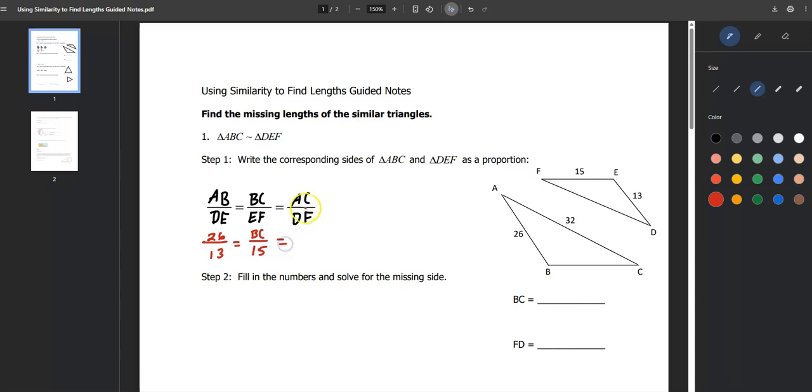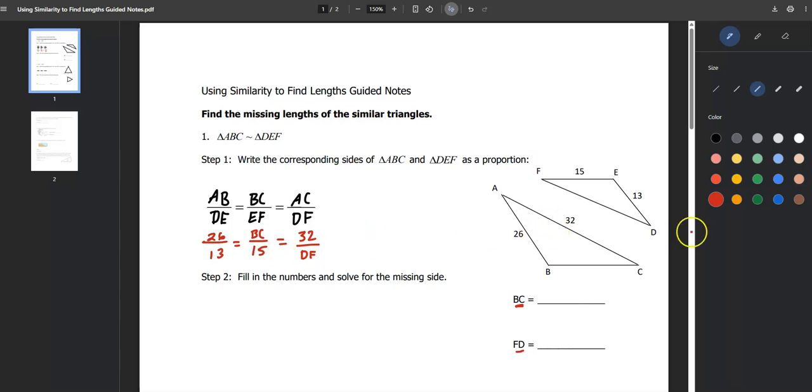And then that should be equal to A to C, which is 32. And that should be equal to D to F, which, again, we do not know, so we'll just leave it as D to F. Okay? So I've got these proportional statements, and these are all my different proportions. And I want to be able to find these missing sides, so B to C and D to F.